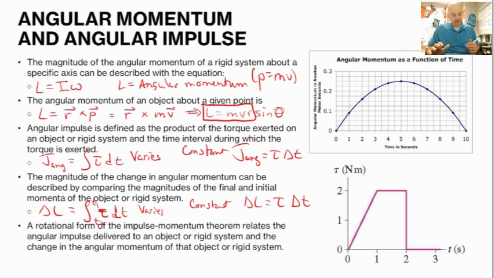And there is a rotational form of Newton's second law. The net torque is dL dt. So what does that mean? When we're looking at an angular momentum time graph, the slope of that graph will be the net torque on the object. If I want to find the net torque on that object at 2 seconds, I'm simply going to find the derivative of that function at 2 seconds.